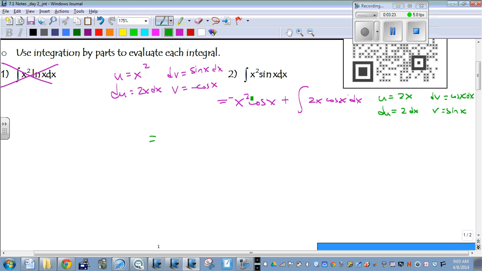So this first part stays out in front, negative x squared cosine of x. Plus, this integral now gets replaced with our integration by parts the second time around. So we're going to have u times v, which is 2x sine of x, minus the antiderivative of v du. So minus, I'm going to go ahead and put the 2 in front of the integral, and then we have sine of x dx left inside.